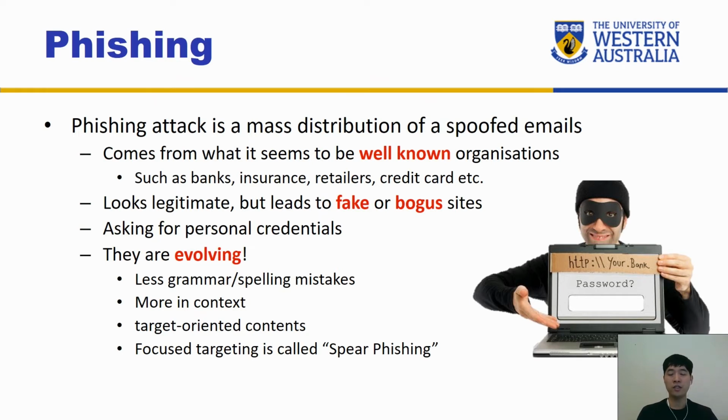So there are different stages of attacks. If it's just a basic attack, you might just get basic information. But if people are targeting you specifically, they will collect information about you through your social media and whatnot, and then craft something more relevant.